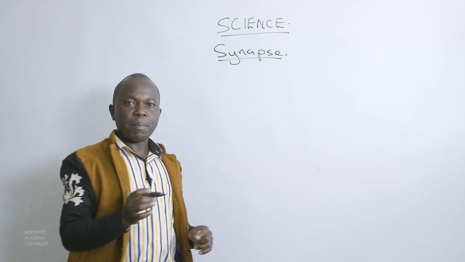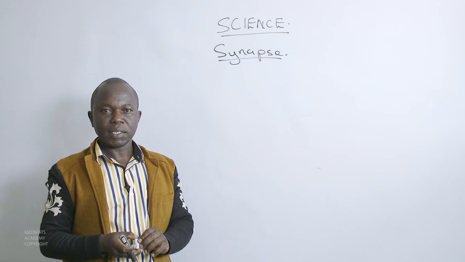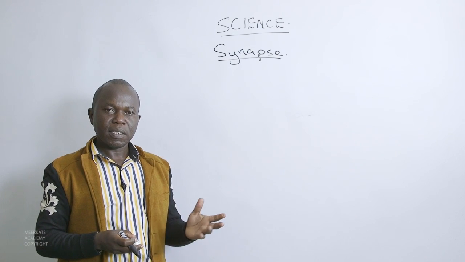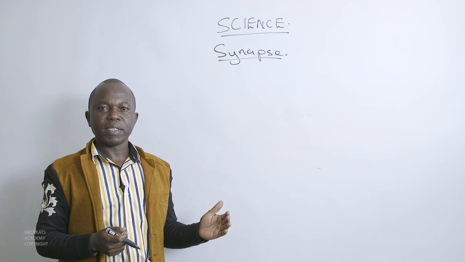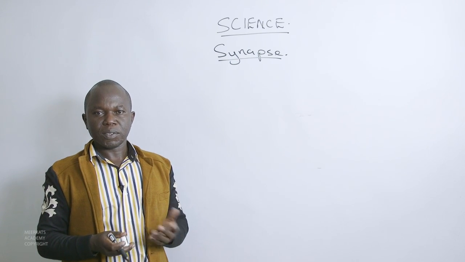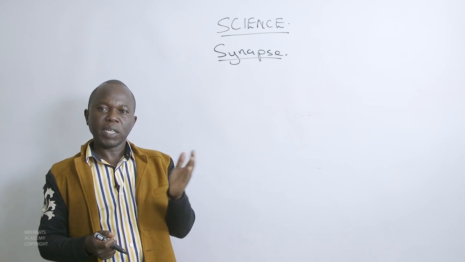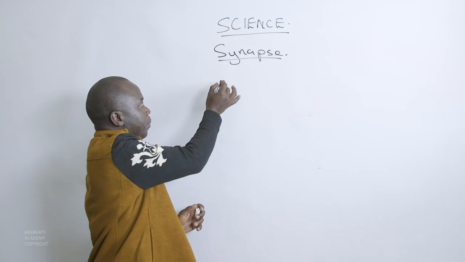So for the purpose of this lesson, we are going to look at the synapse. If we have a nerve impulse being transmitted through neurons, for instance, from sensory neuron to relay neuron, there is a gap.